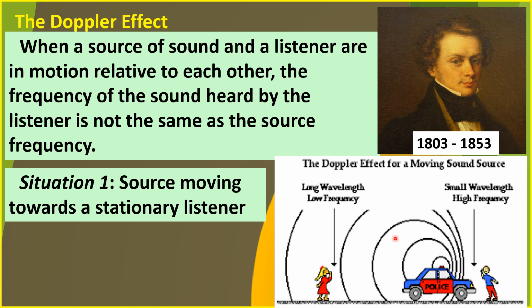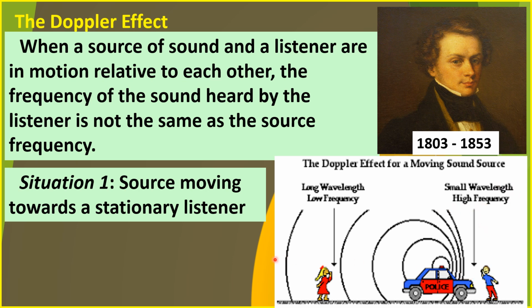As shown in this illustration, this listener actually notices a high frequency, because the sound wave fronts approaching him are getting smaller. So small wavelength corresponds to a high frequency.